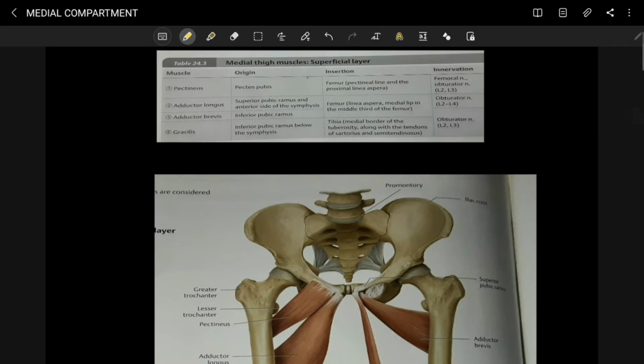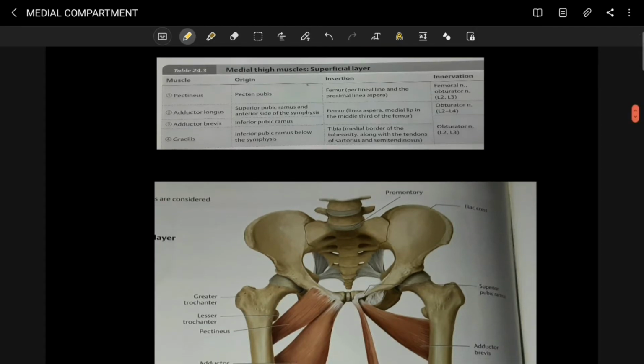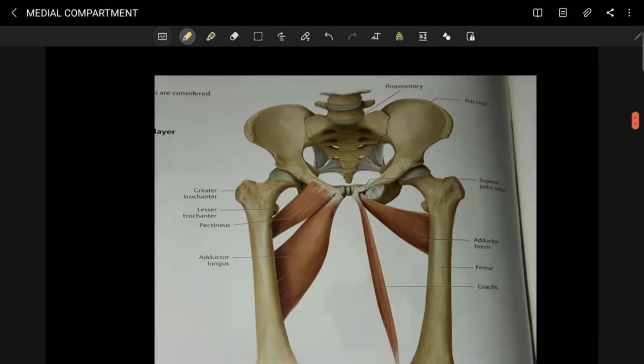The next superficial muscle that we're going to be talking about is the adductor longus muscle. This muscle here is the adductor longus. It is a large flat muscle.